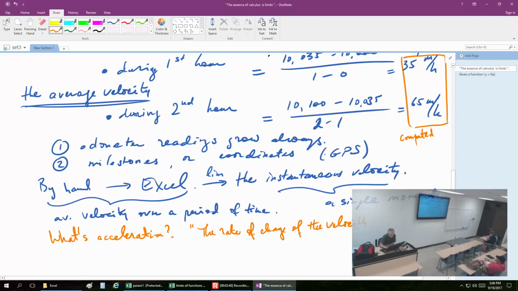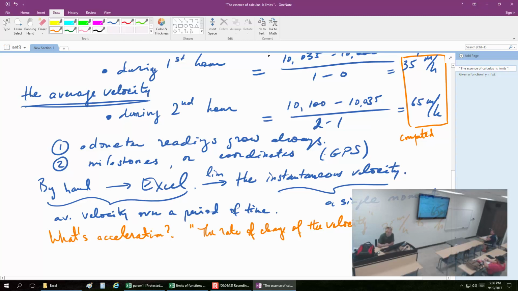At the very least, you can notice that during the 2-hour trip the velocity has changed from 35 to 65. So that will be roughly the idea of what acceleration has been like: it changed from 35 miles an hour to 65 miles an hour.